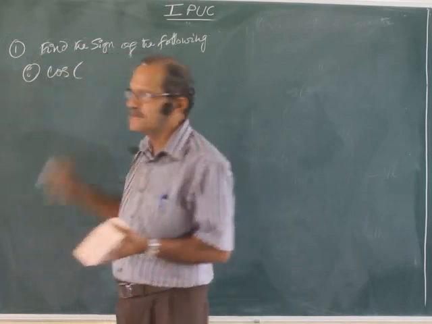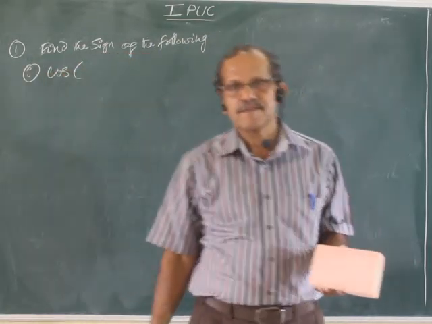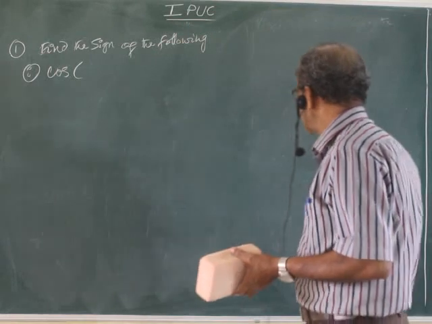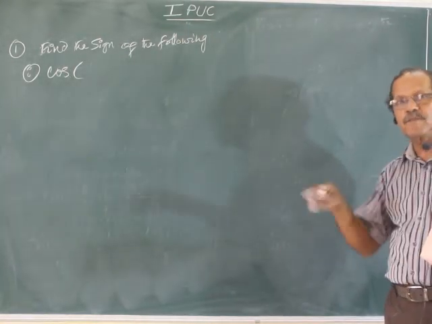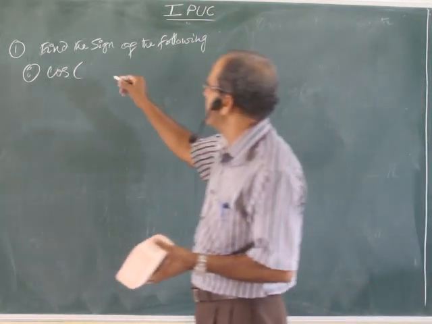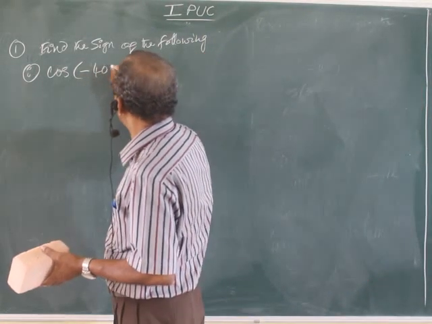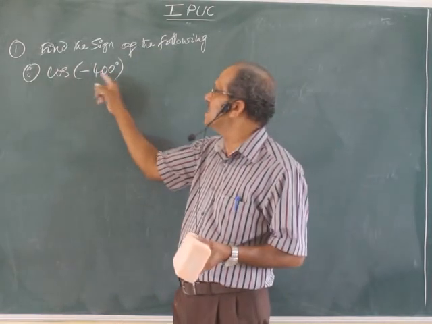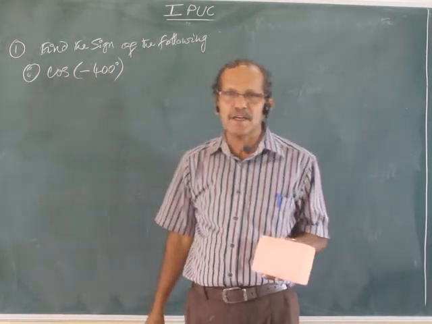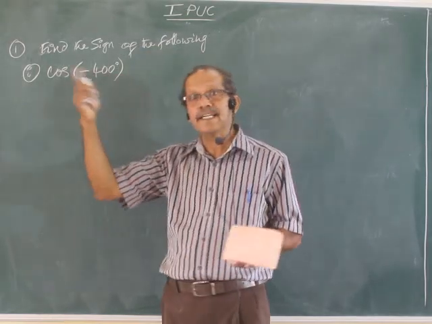Cos of minus 400. So far I have taken angles that you can subtract from 360 only, no? What are you doing here? If you subtract this from 360, it is not possible, because the angle is greater than 360.